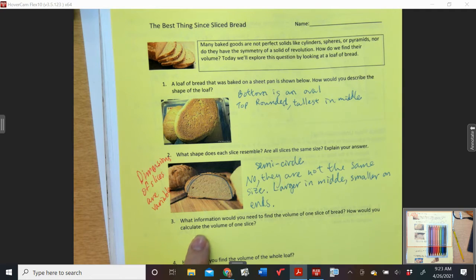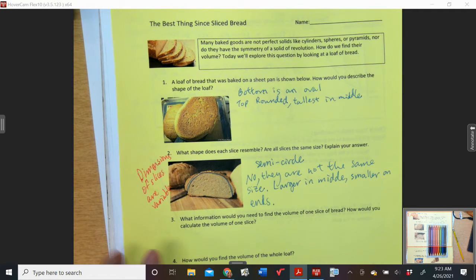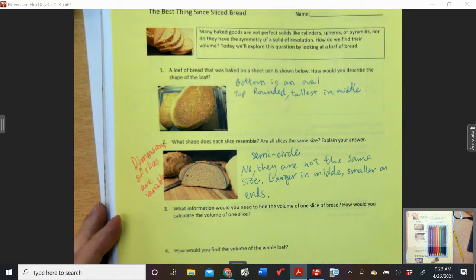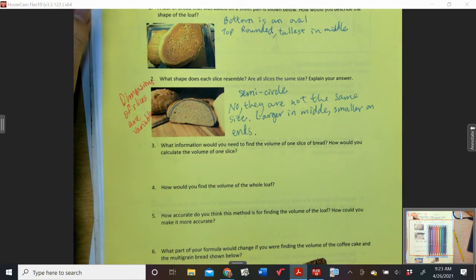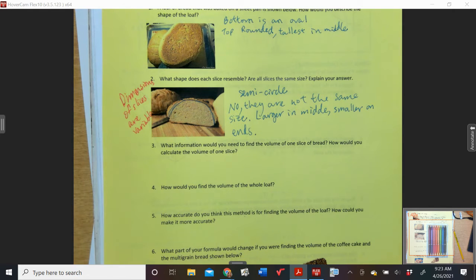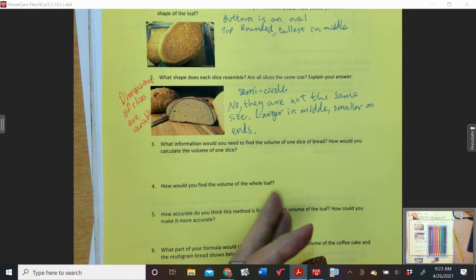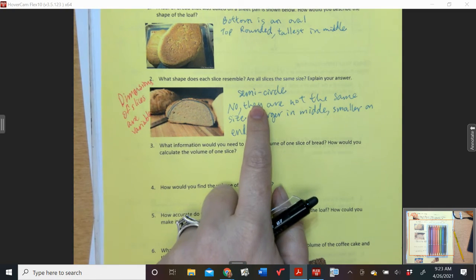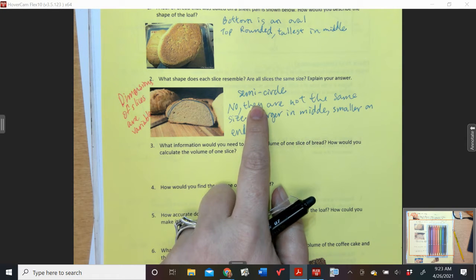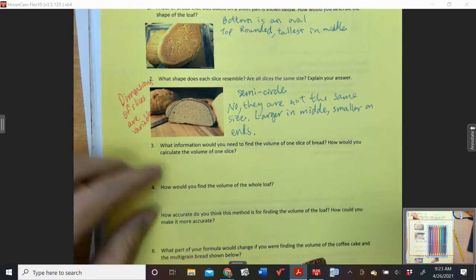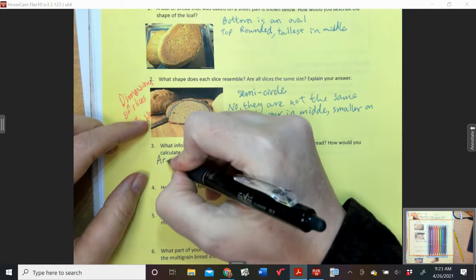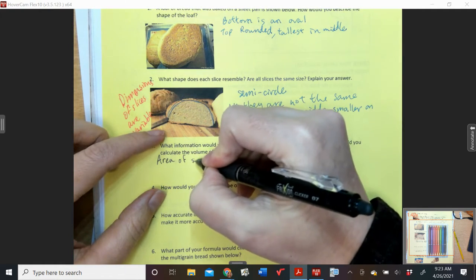What information do we need to find the volume of one slice of bread, and how will we calculate the volume of one slice? That's a really good question. Let's think about it. We decided they looked kind of like semicircles, so I need to find the area of the semicircle.